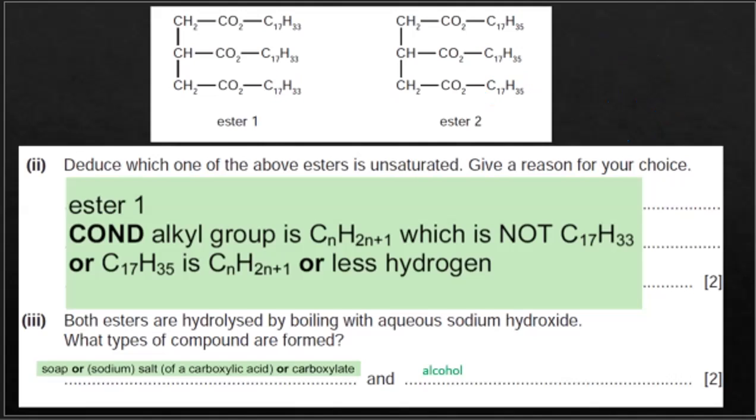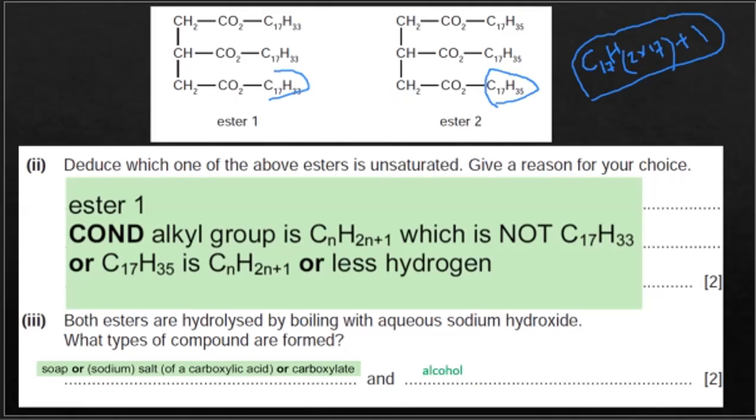All right, so let's go and do that right now. If I were to take C17, H2 by 17 plus 1, this is supposed to give us how much hydrogen is supposed to be present with this structure.